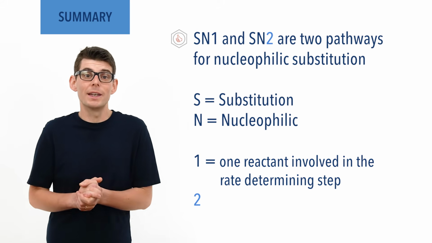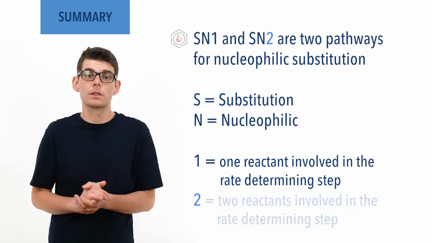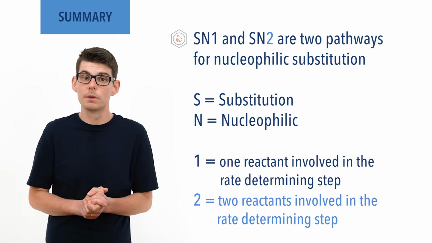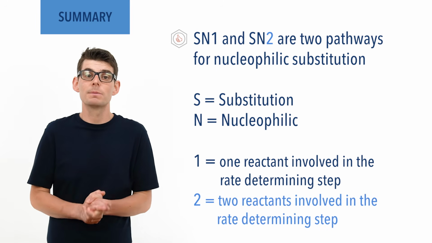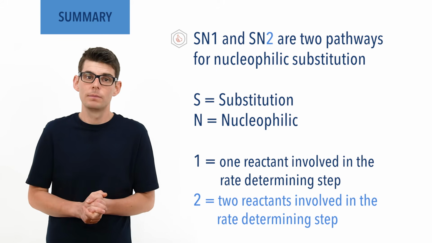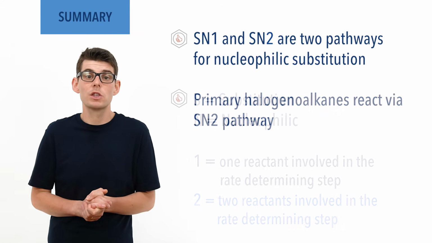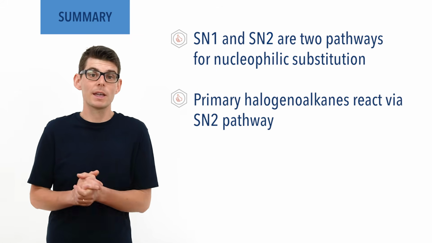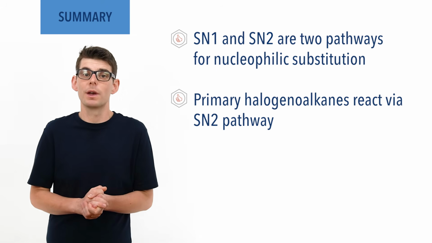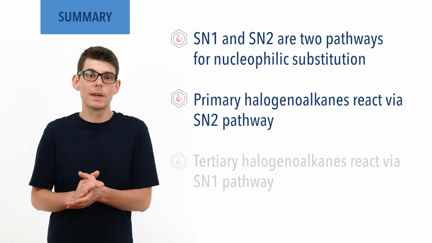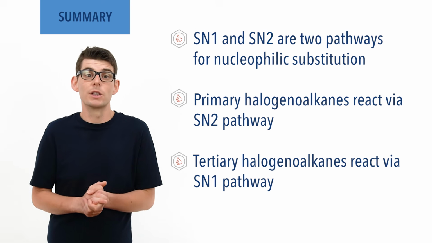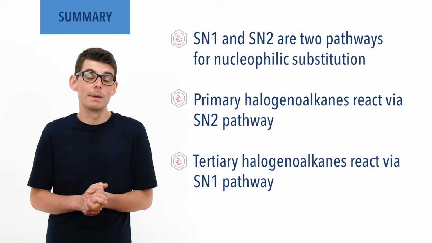The number 2 in SN2 means two reactants are involved in the rate determining step of the mechanism, and it is described as being bimolecular. Usually, primary halogenoalkanes react by SN2 mechanisms, and tertiary halogenoalkanes react by SN1 mechanisms. Secondary halogenoalkanes can sometimes react by both.